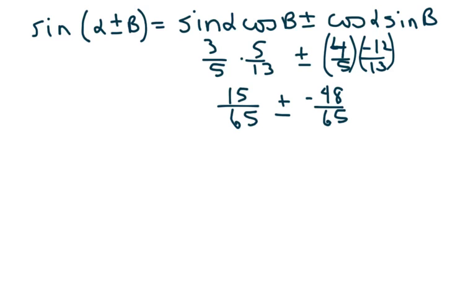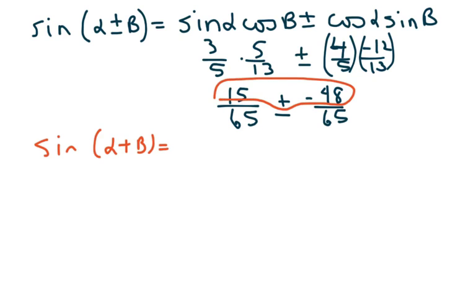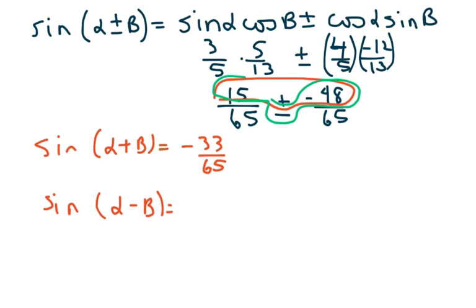So our sine of alpha plus beta equals 15 minus 48, which is, I believe, negative 33 over 65. And our sine of alpha minus beta equals, and that would be the minus portion, so that's going to be 2 negatives there.